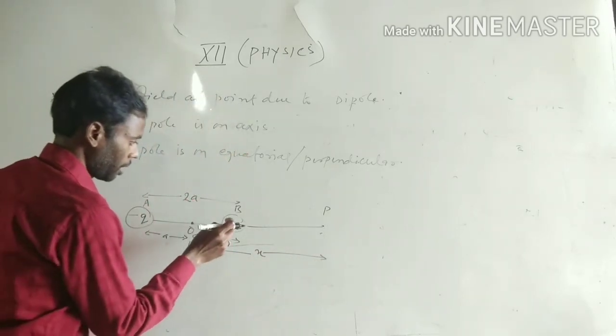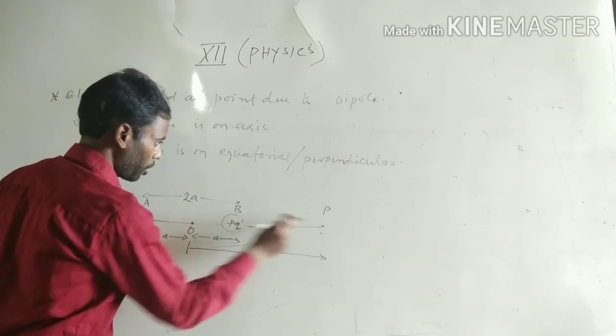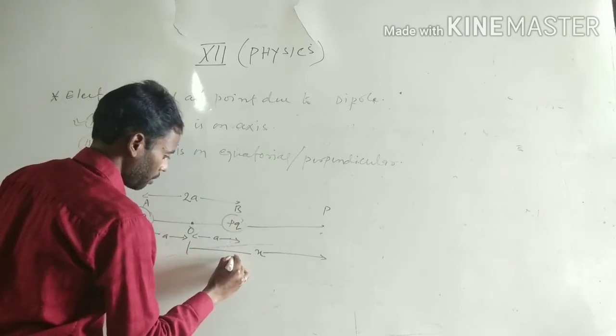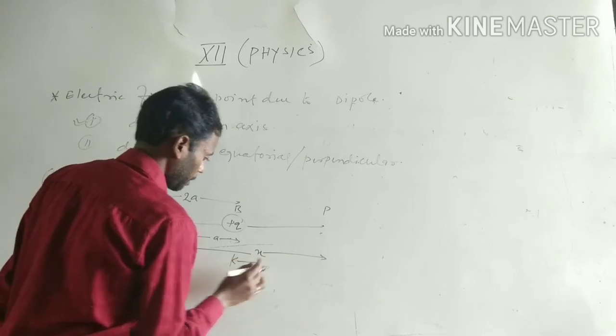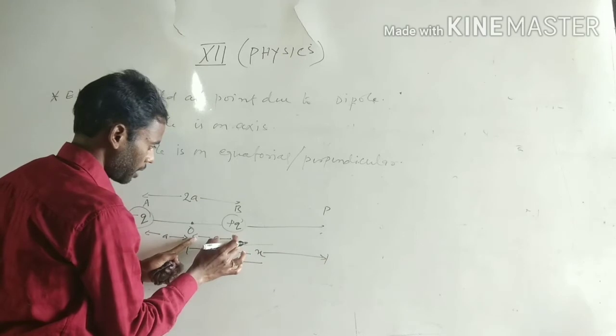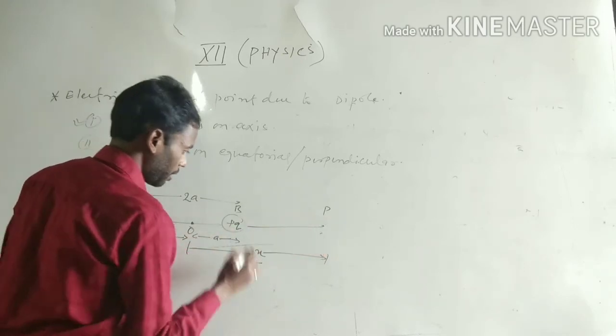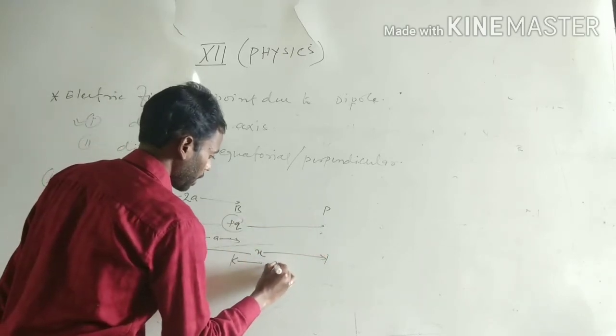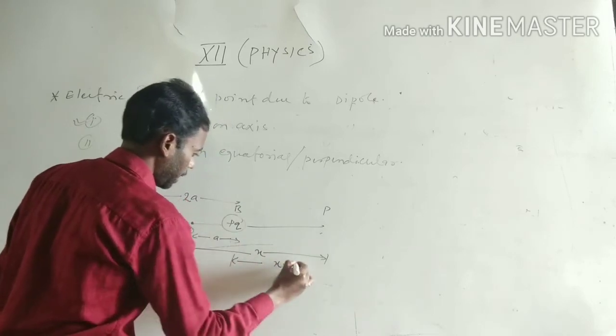Same over here, the distance from point B to P will be x minus a.